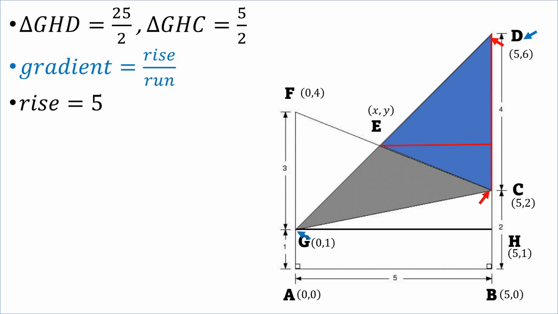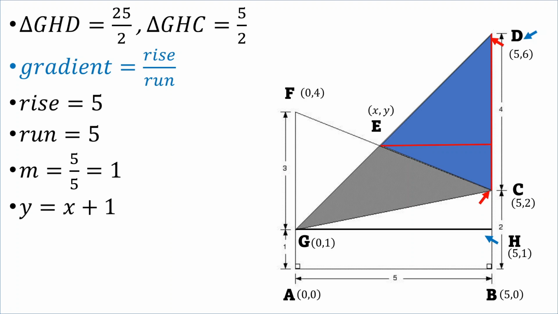And then the other blue arrow that you see there is from G over to H, which we know from before is a run of 5. So the gradient will be 5 over 5, which is 1. Therefore, if we look at the line GD and we see that it intercepts the y-axis at 1, its equation will be y equals x plus 1.